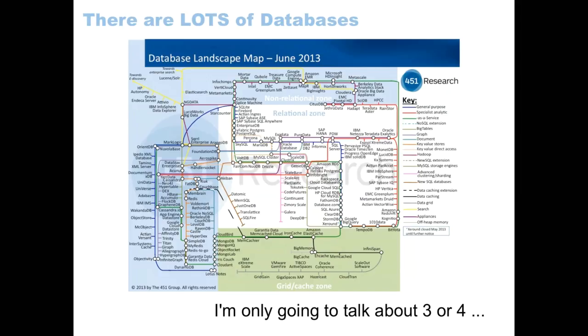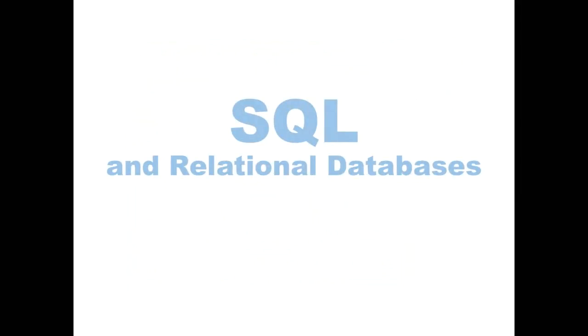Almost all of them are fades, so they don't come up to Dave's standard, but I don't want to give you all the information on a page when I start. So a good place to start talking about NoSQL databases is with SQL and relational databases.